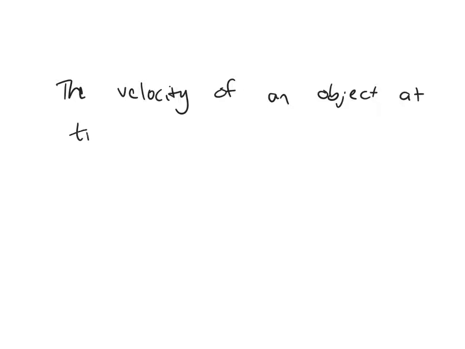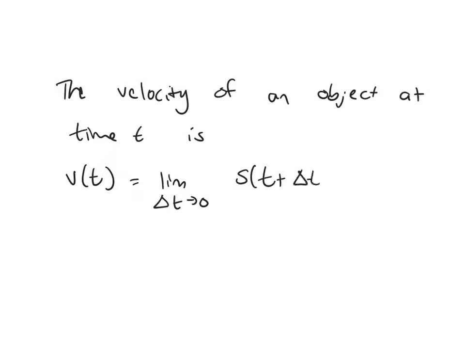Now that we know what a derivative is, we can talk about velocity, or instantaneous velocity. So the velocity of an object at time t is v of t, the limit as delta t goes to 0 of s of t plus delta t minus s of t over delta t.